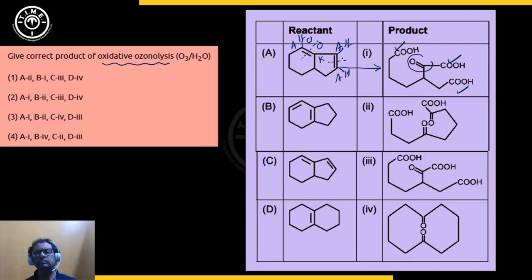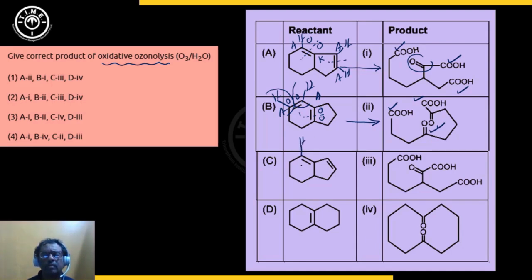So A is 1. Look at B. Attach a hydrogen here, attach a hydrogen there, break this, put oxygens on either side, break this, put oxygens on either side. This is aldehyde, this is aldehyde, they'll turn into carboxylic acid. These will remain as double bond or double bond. Yes, they remain. So B is also 2. What about C?